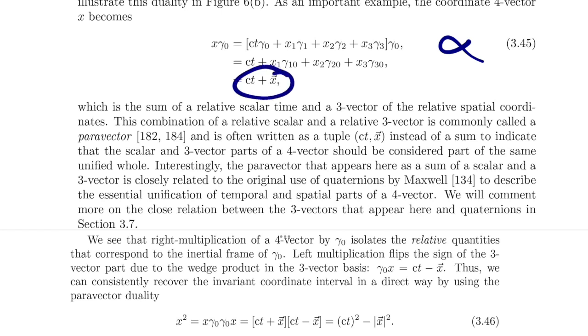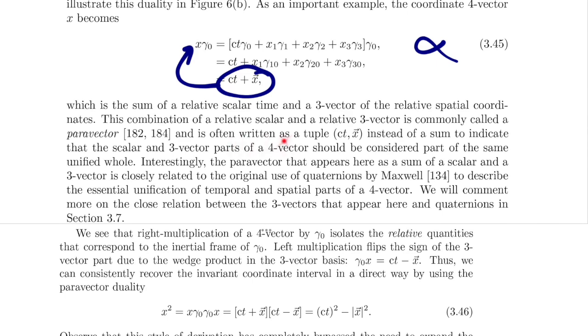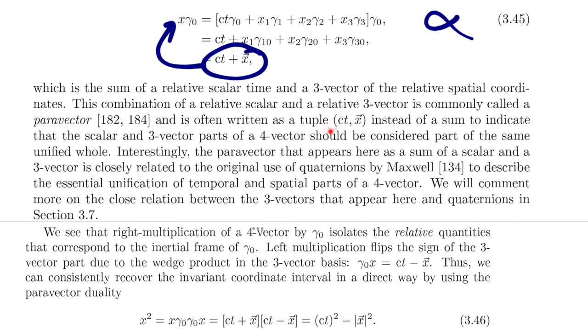So this paravector is obviously a scalar and relative vector combination that is derived from the duality of a regular vector in the space-time algebra. But we often write this as a tuple. Yeah, there's the tuple I was talking about. I knew I got this idea from somewhere. So this is how you would write a normal 4-vector in terms of special relativity.